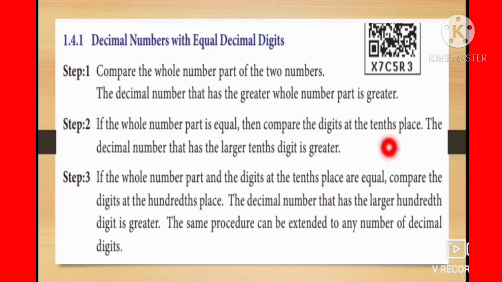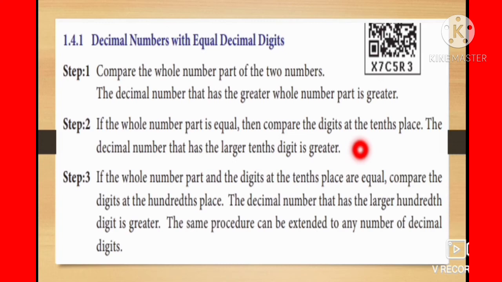So for example, 8.36 and 8.29, the whole number part is equal, and here compare the 10th place. So in the first case 3 is there, and in the second number 2 is there.